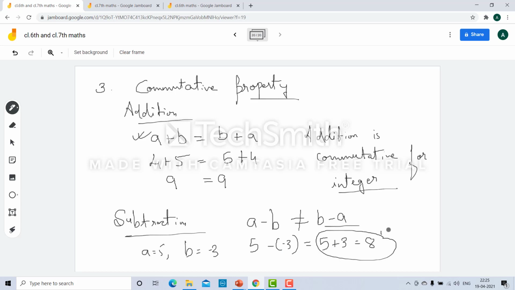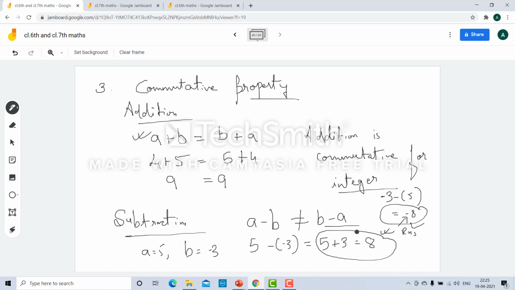Now this is this side. Now let us check b minus a. So b was minus 3 minus 5. So I get minus 3 minus 5, which is minus 8. So children, LHS gives positive 8 and RHS gives negative 8.